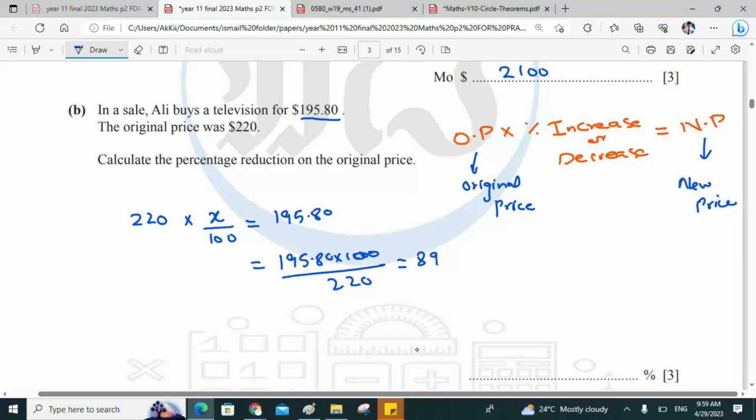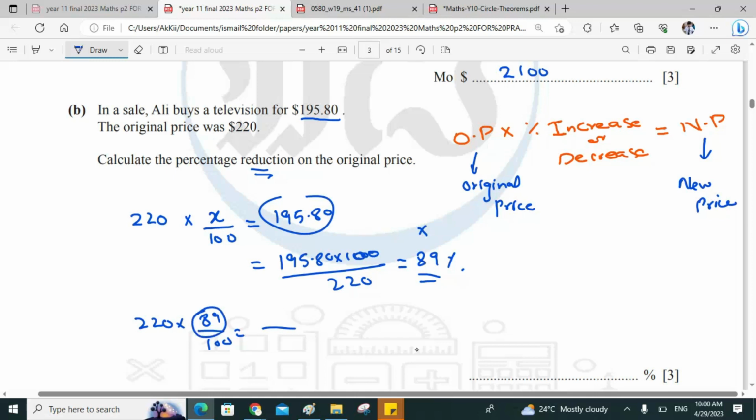Okay, this is 89, but 89 is not the answer. This is 89%. It is a percentage reduction, and you put this number as 89. If you put 220 multiplied by 89 upon 100, you are going to get this 195, right? So here this 89 is the major key.